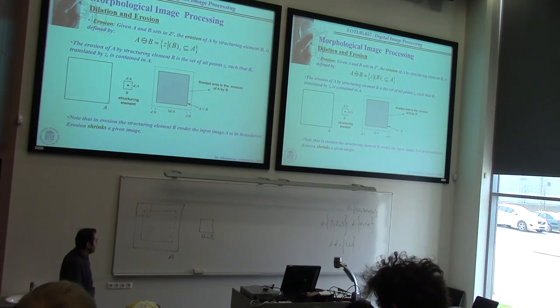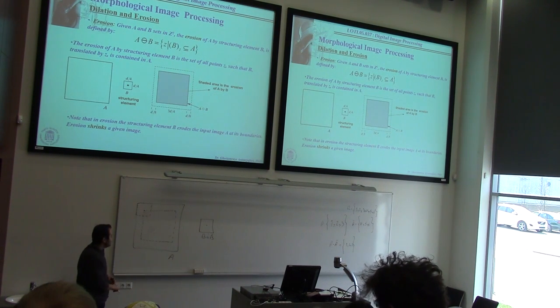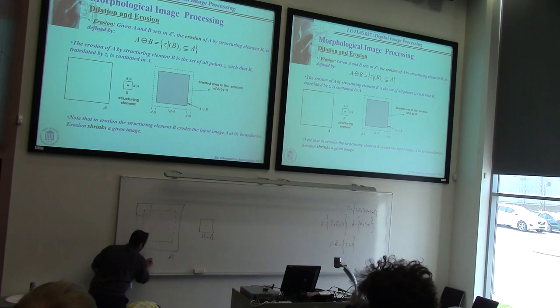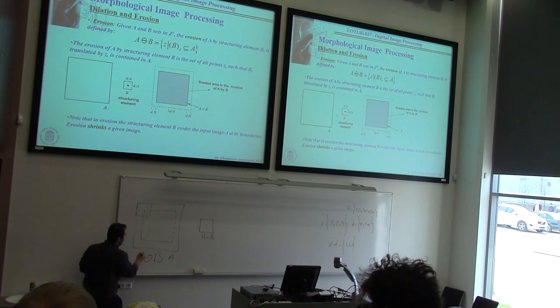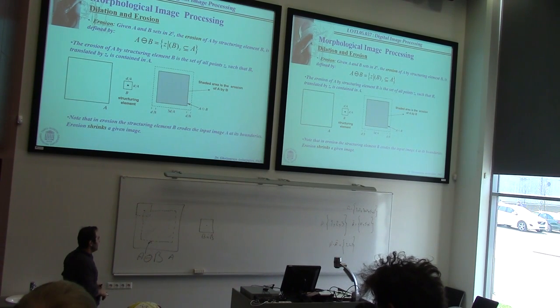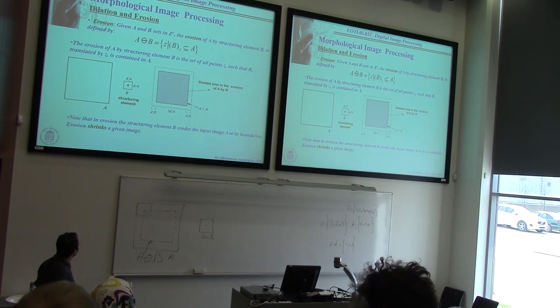Now, instead of this set of A, as a result of A erosion by B, we have this set. Then it's used when we want to shrink the image.